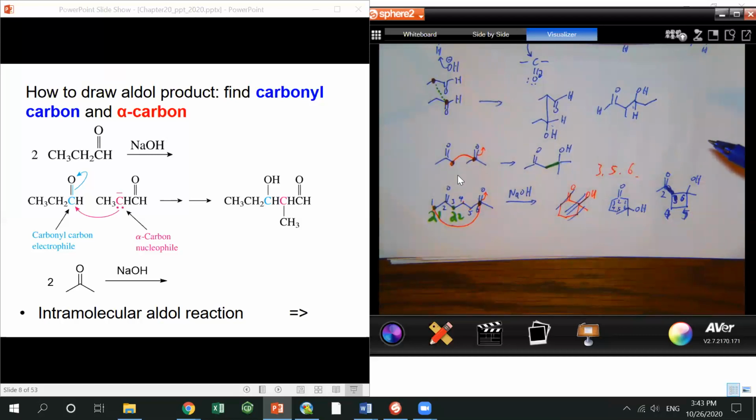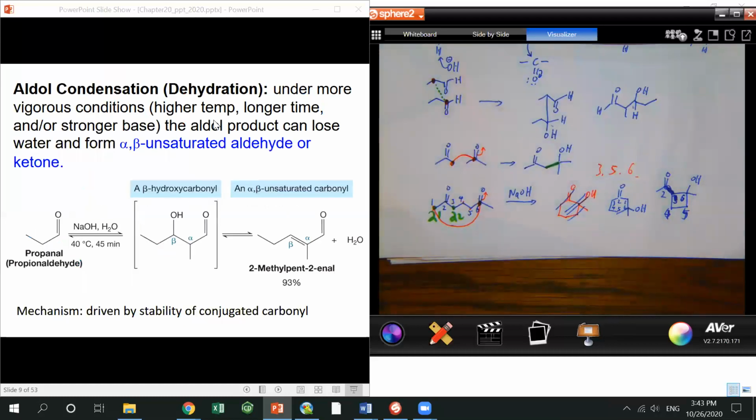Like I said, the reactions in this chapter can be quite tricky. Let's try maybe one more practice.